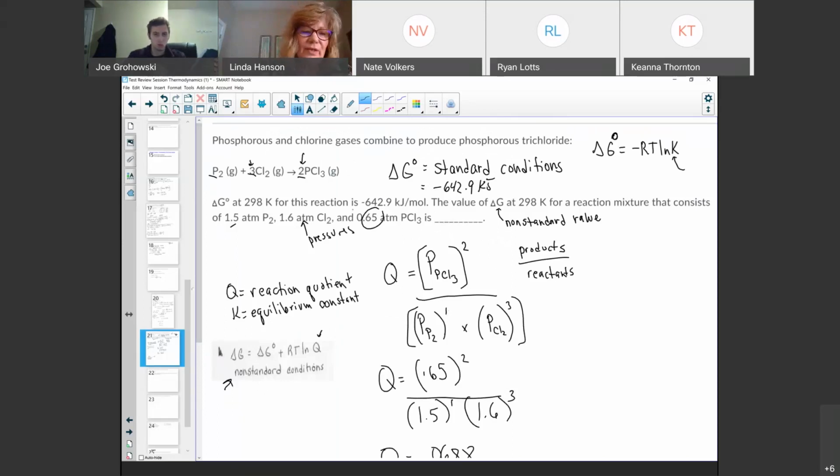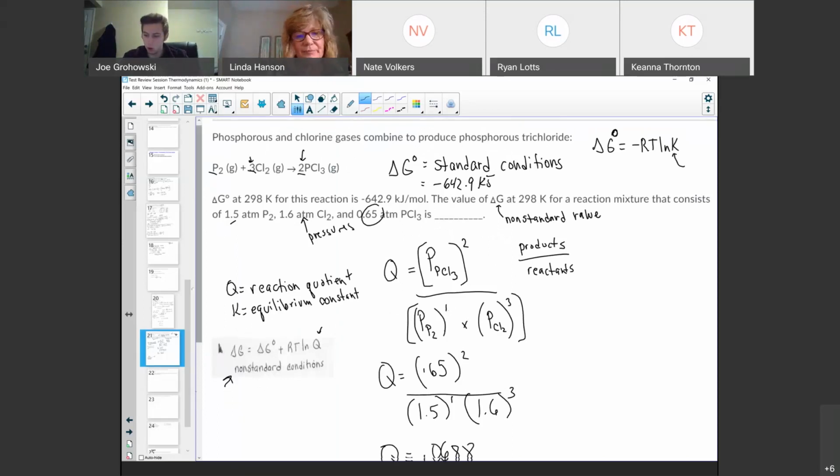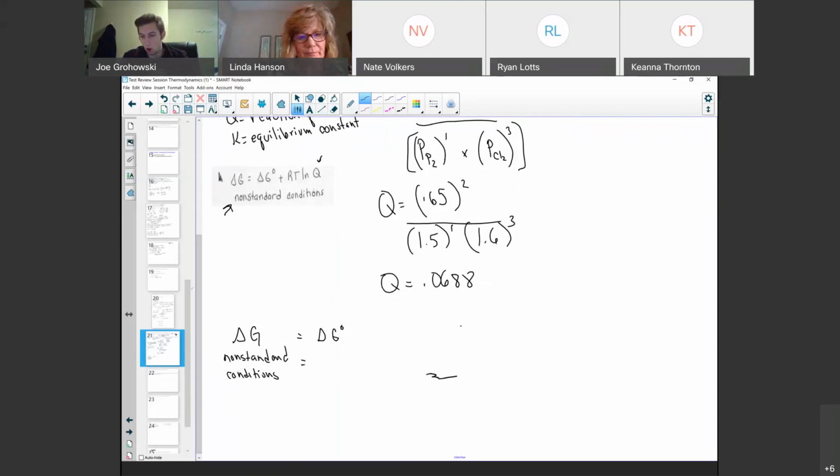Negative 642.9, plus RT ln Q. So plus 0.00831 kilojoules.